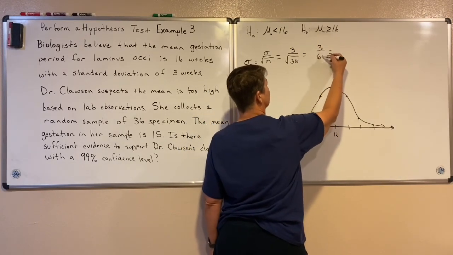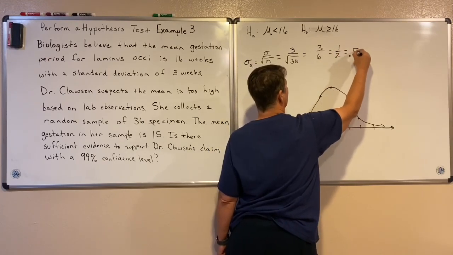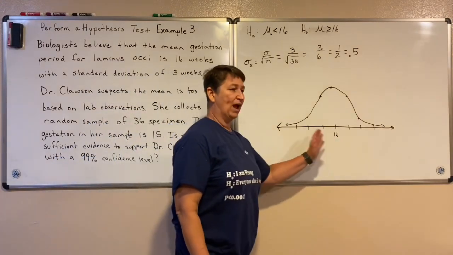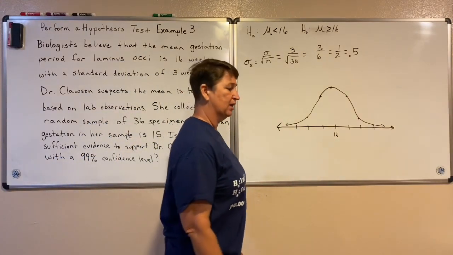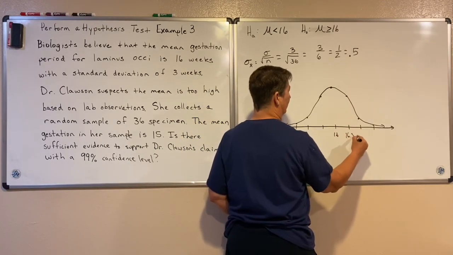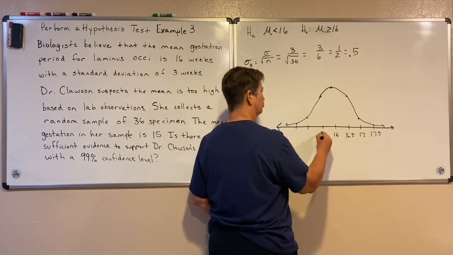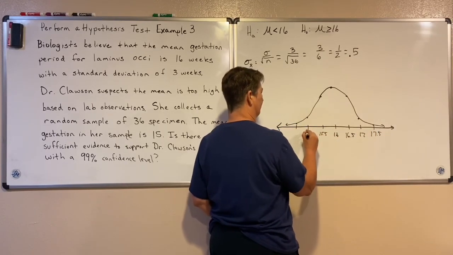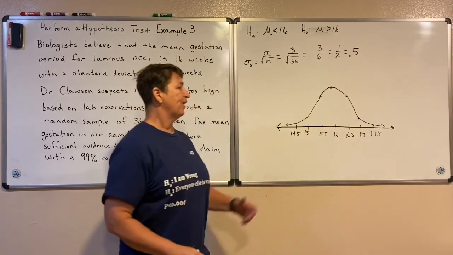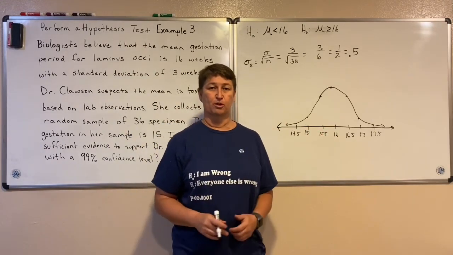So my standard deviation is 1/2 or 0.5. So I'm going to add 0.5 and subtract 0.5 on my normal distribution. So 16 add 0.5 is 16.5, 17, 17.5, and subtract, you get 15.5, 15, and 14.5. So there is the sampling distribution that my test statistic is going to belong to.